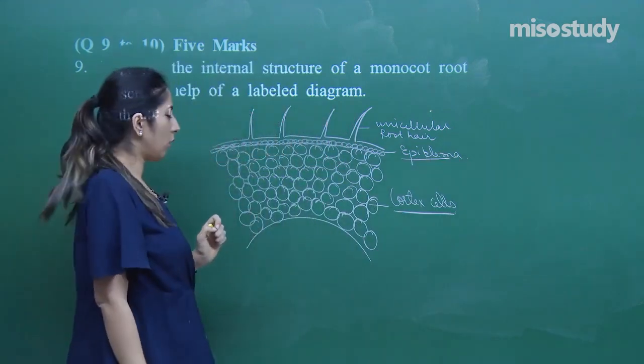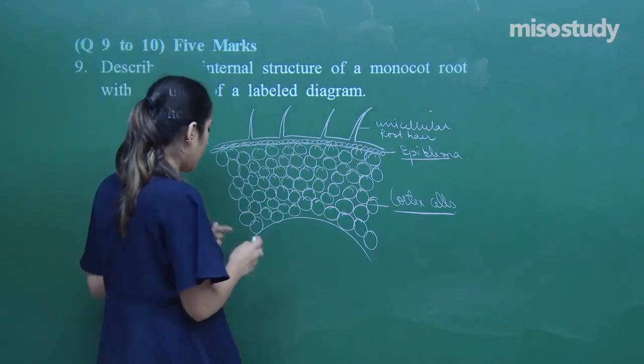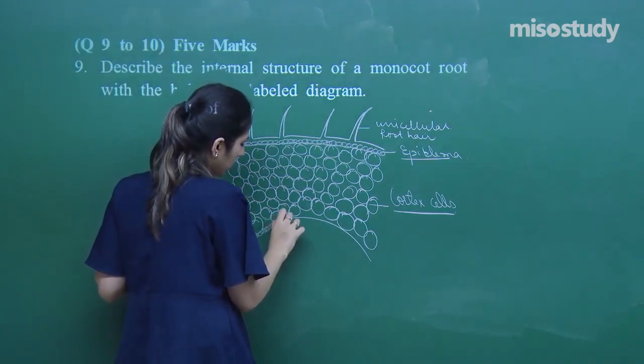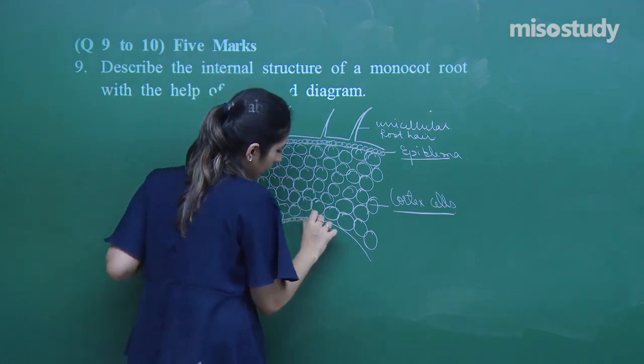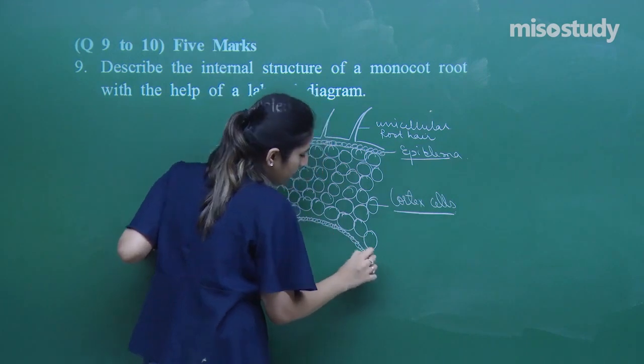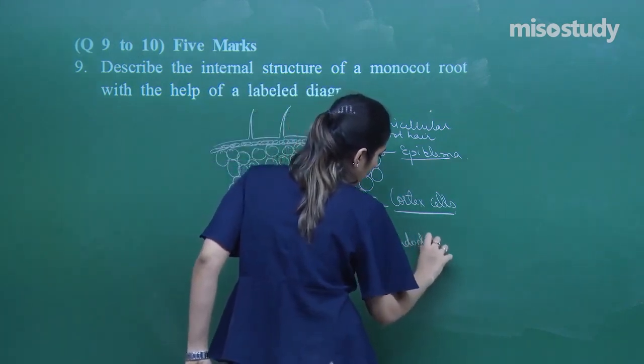Cortex cells. Now, below this, the next layer that is present is called the endodermis. Endodermis in later stages develops Casparian strips. So, this is the endodermis.